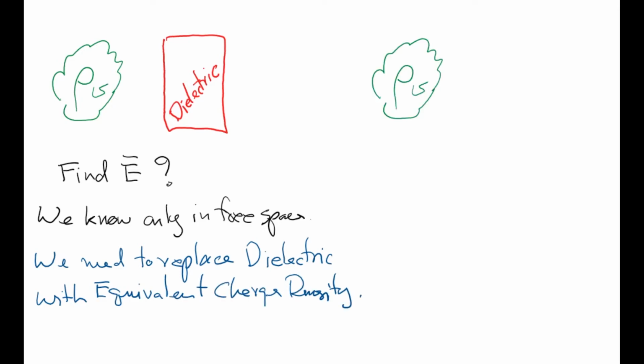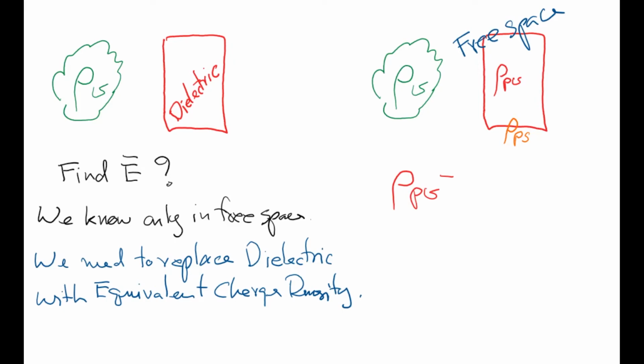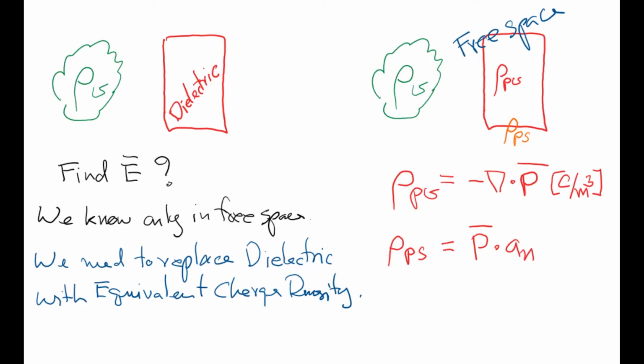The equivalent problem can be shown here, where the dielectric material is replaced with charge densities and the whole space is free space. Rho sub PV is an equivalent volume charge density. Its unit is coulomb per cubic meter, and rho sub PS is an equivalent surface charge density.